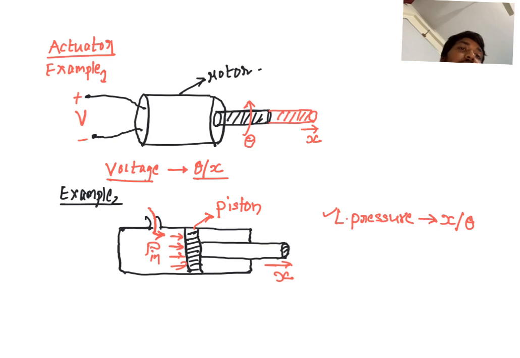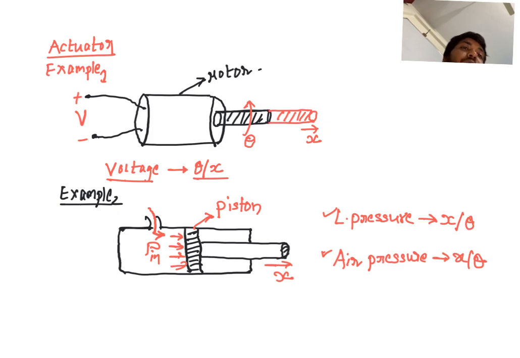Now similarly, instead of pumping the liquid here, suppose you use air pressure energy. That means if you pump the air into the cylindrical chamber, then air will push the piston and cylindrical rod to the right side. Then again we are going to get linear displacement or angular displacement.